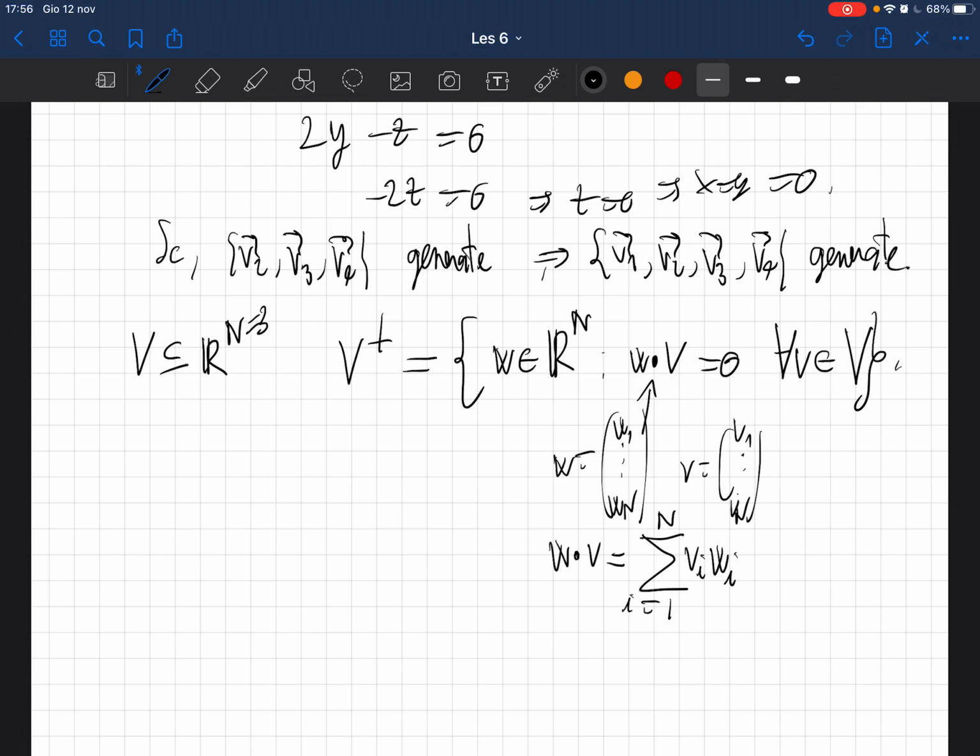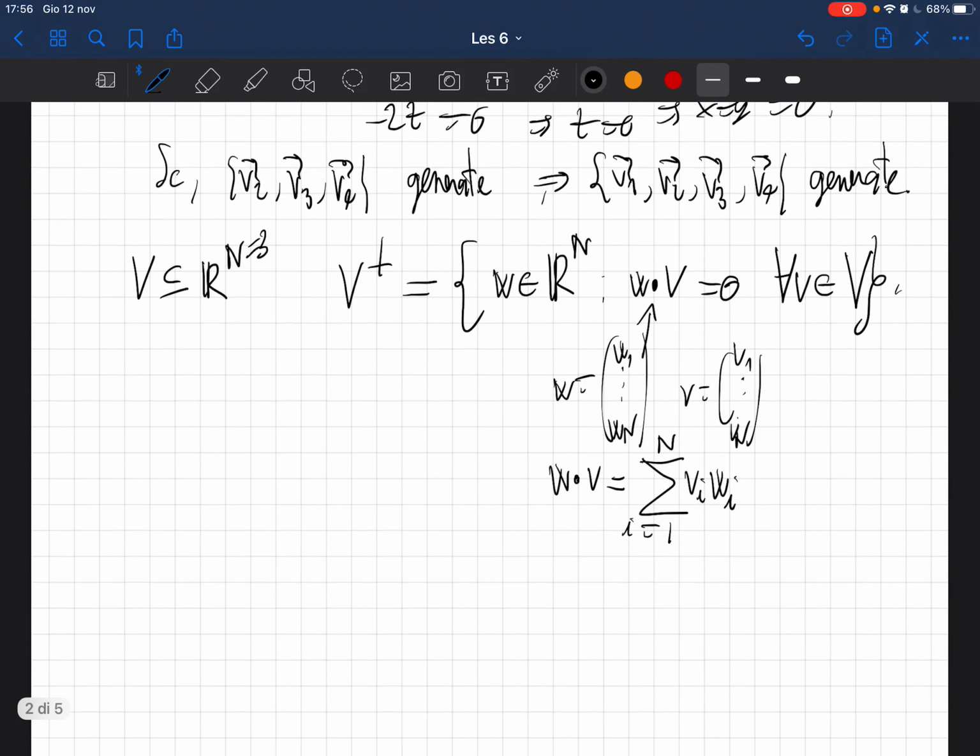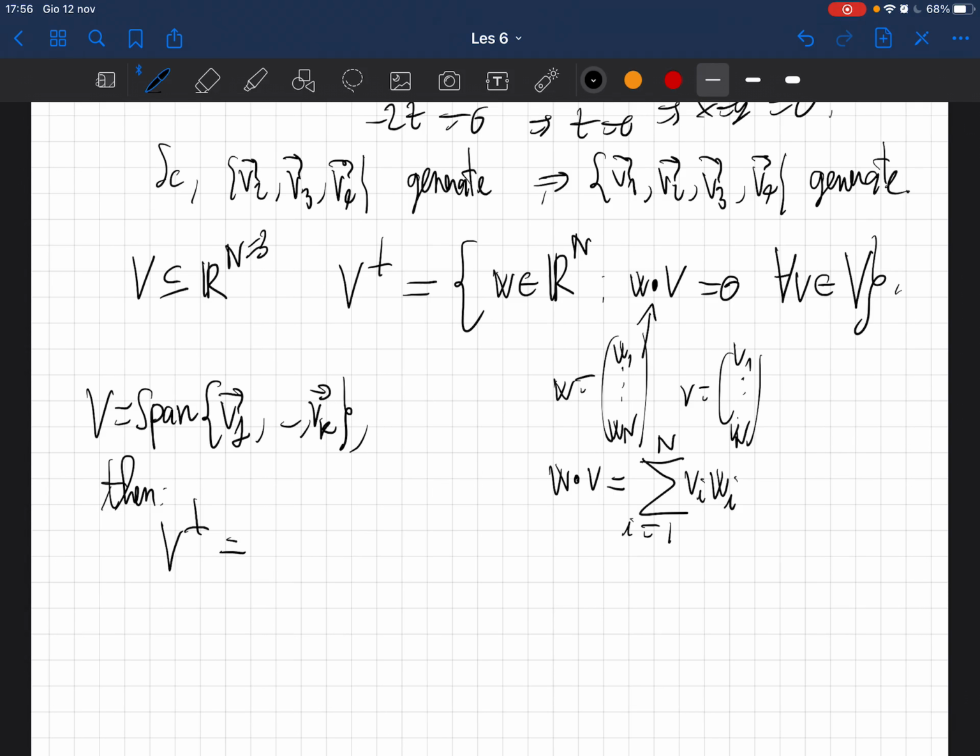And just a remark: if V is the span of a few vectors, then it's easy to check that the orthogonal of V can be obtained by just checking orthogonality against the generators of the span.